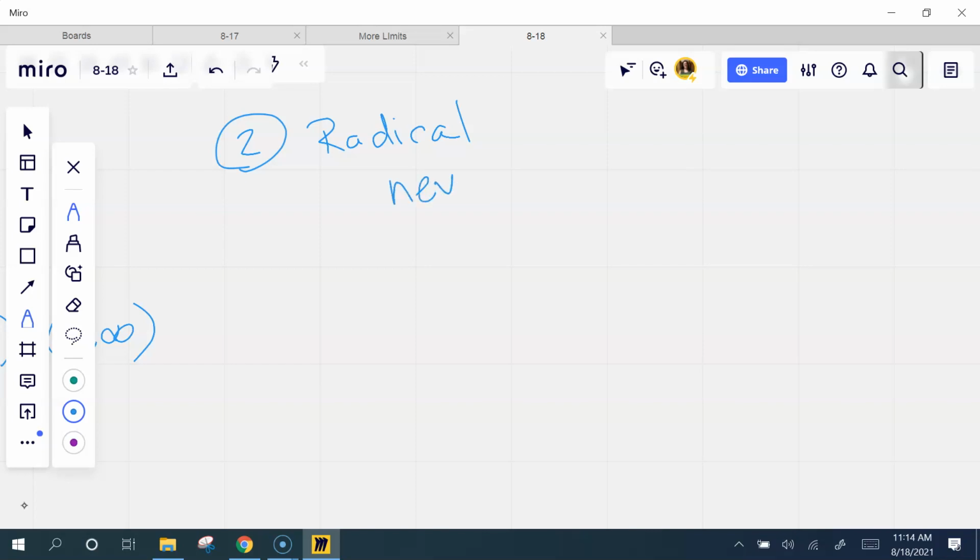So never negative. I'm going to do the same kind of thing. I'm going to look at what might cause it to be negative, and that's what I don't want. Or maybe I look at what keeps it positive. So for example, let's say I have this, what is the domain?